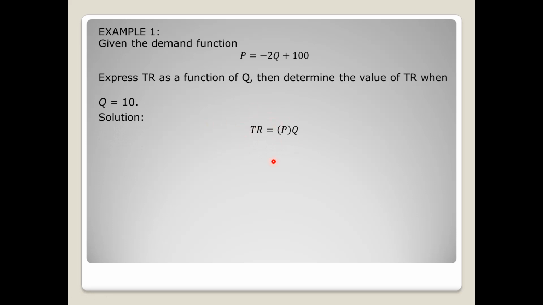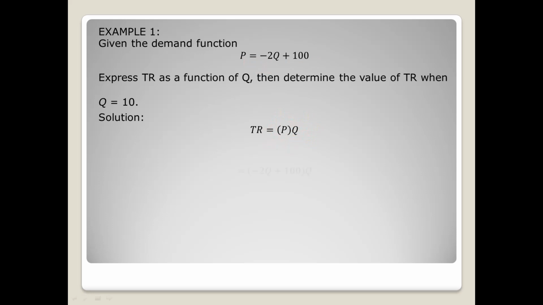We said the total revenue is equivalent to P multiplied by Q. Q is the quantity produced, and P is the price of each quantity. So if you multiply the price of each quantity by the number of quantities, we will get the total revenue.